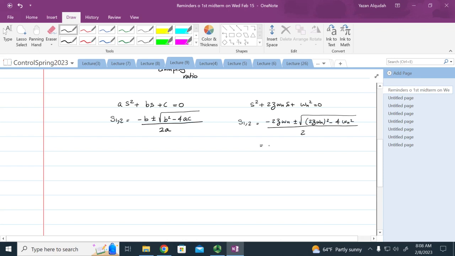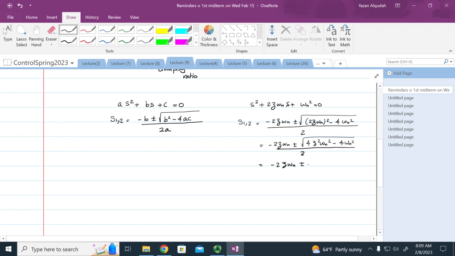We can simplify this. This is equal to negative 2 zeta omega n plus or minus square root of 4 zeta squared omega n squared minus 4 omega n squared, divided by 2. We can take the 4 and the omega n squared outside of the square root.